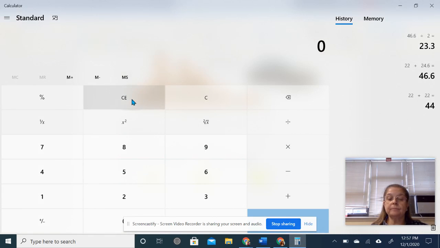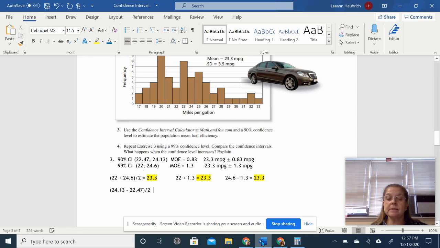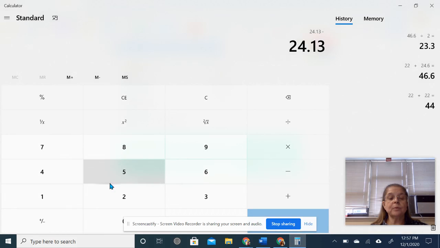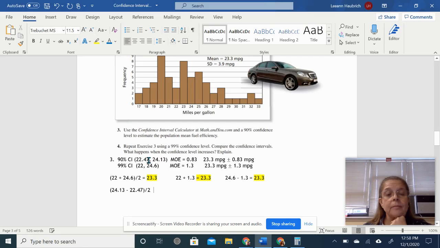So clear everything out. 24.13 minus 22.47. Did I copy these over right? 24.13, 22.47.